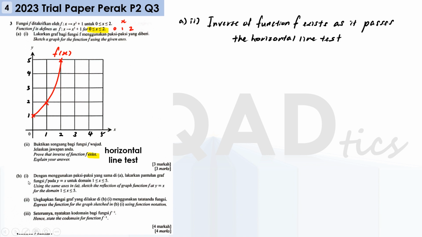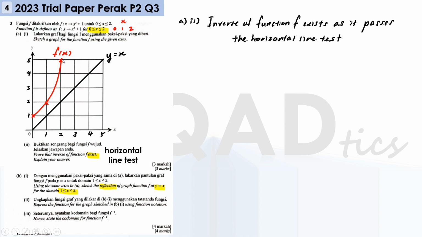Alright, part B1, using the same graph, sketch the reflection of the graph at the y equals x line for the domain 1 to 5. Okay, so from x equals 1 to 5, we need to draw out this reflection and we need to use this y equals x line, which is this.